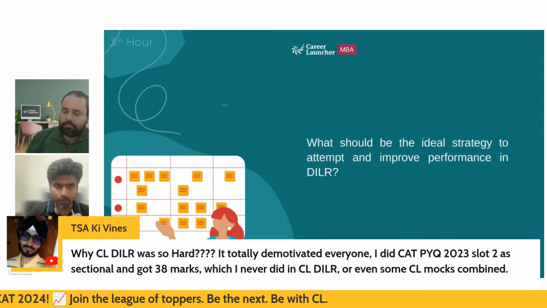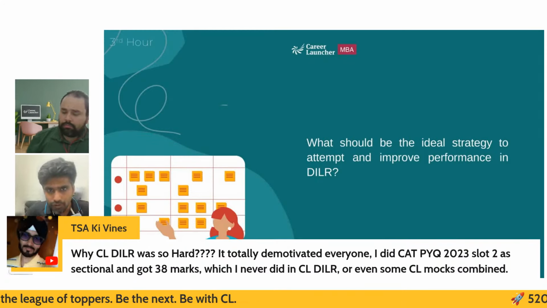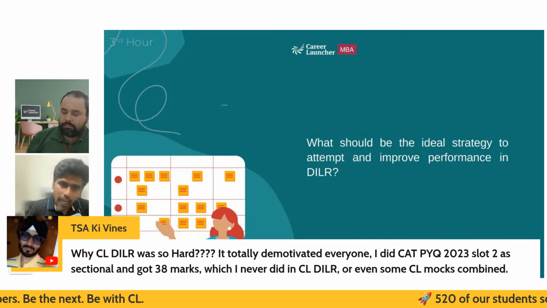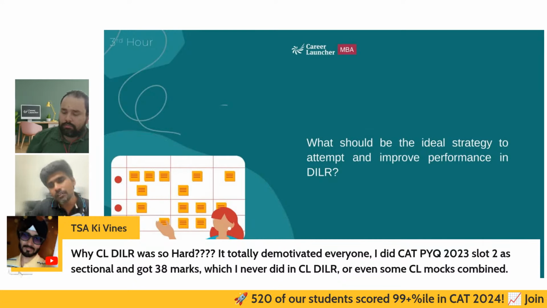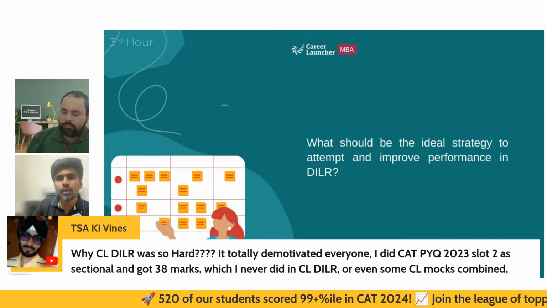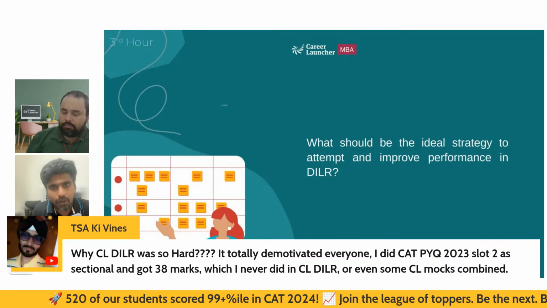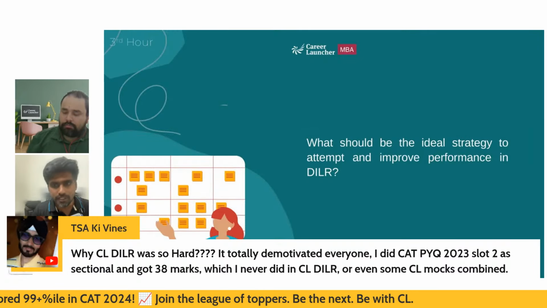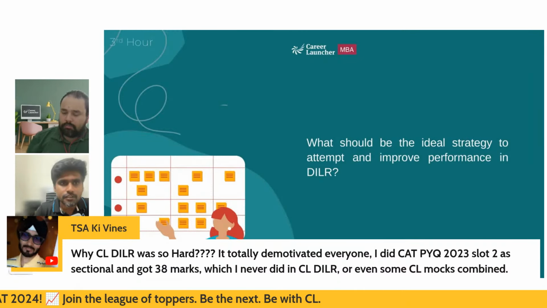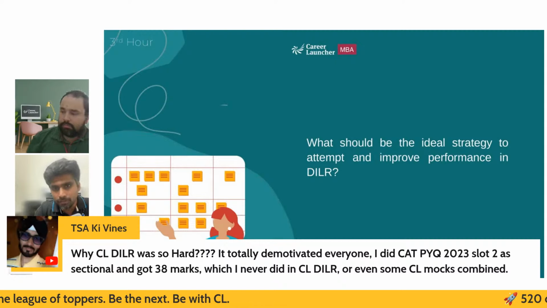There were a couple of them which were difficult to score in, in which I also tried to attempt and could not attempt more than 2 sets. Otherwise, normally I attempt more than 2.5 sets in a normal scenario. So there have been difficult mocks, but there have been mocks in which I could attempt 4 sets also. So in that sense, there is a good mix of mocks.